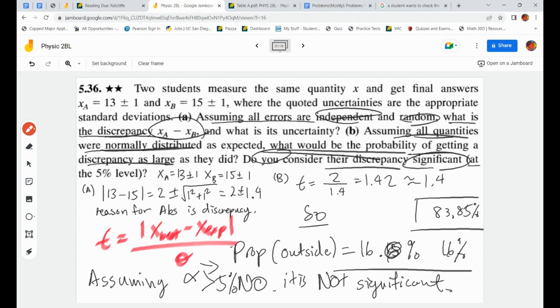That's a good thing, but this also works for discrepancy, because you're saying there's a discrepancy between two measurements and you don't really know which is expected and which is best. So you're just assuming that one of them is best and one of them is expected.